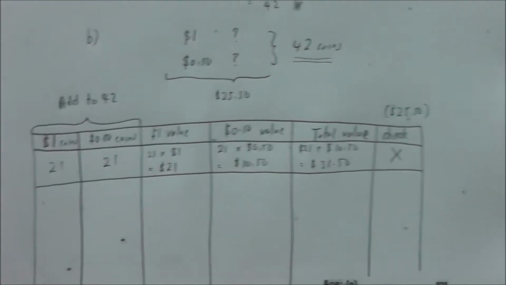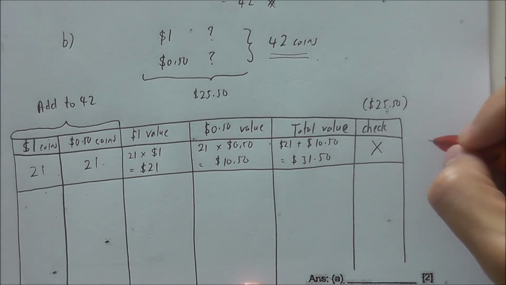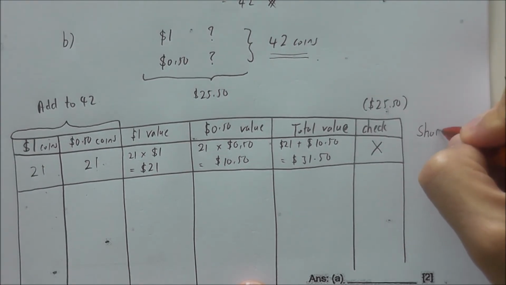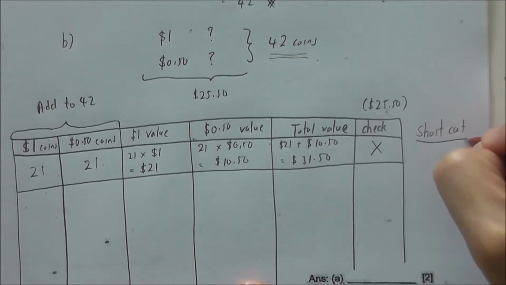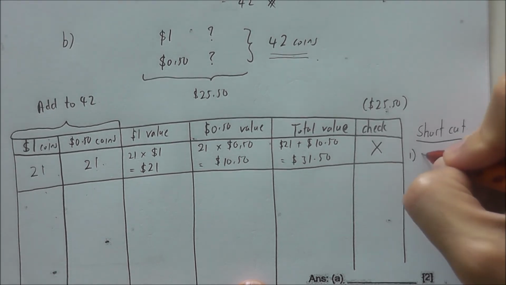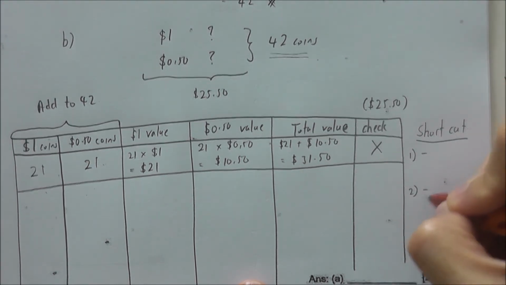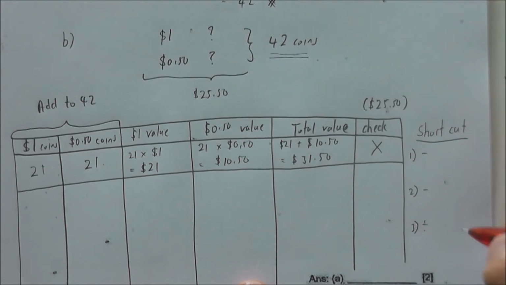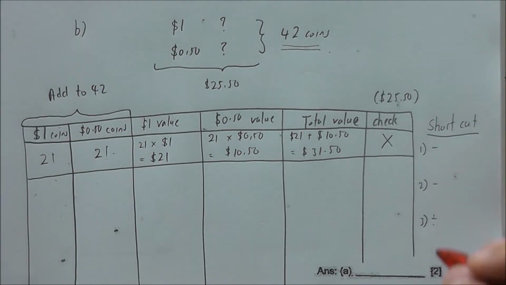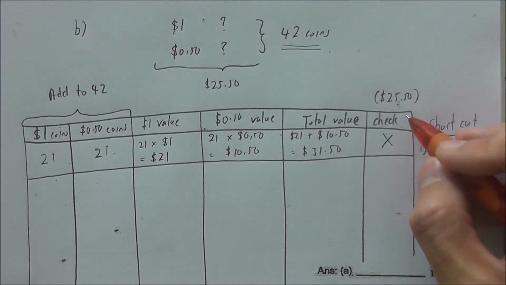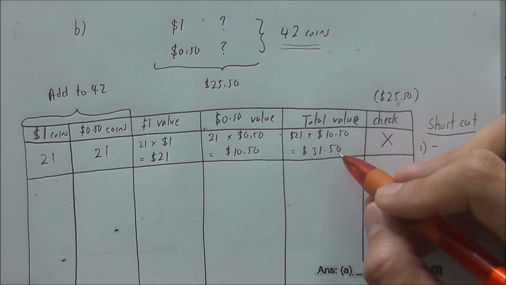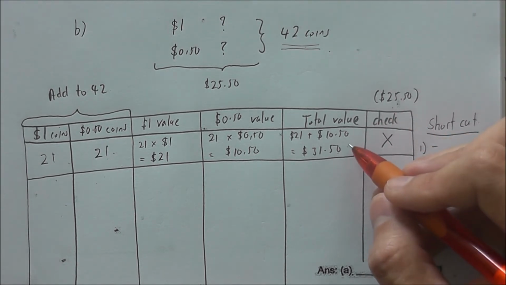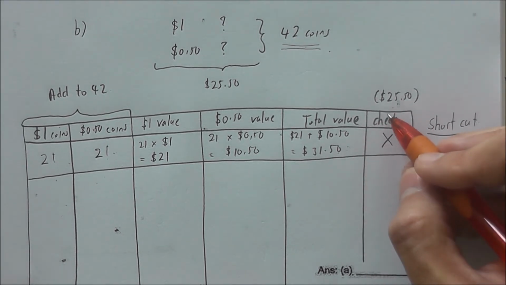So I'm going to show you this shortcut. This shortcut is called the minus divide method. Okay, so guys, the first minus, what we do is we take the total value and the check here. Which one is bigger? We take the bigger one minus the smaller one.